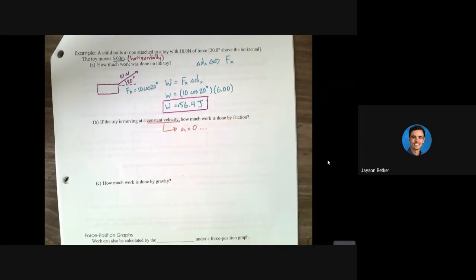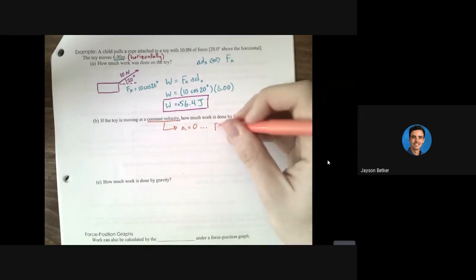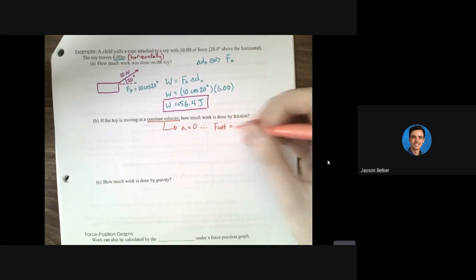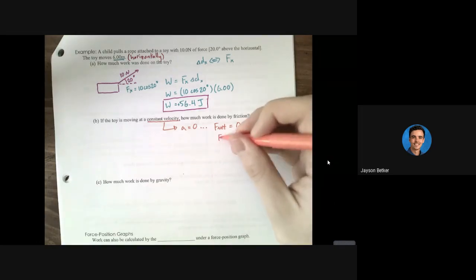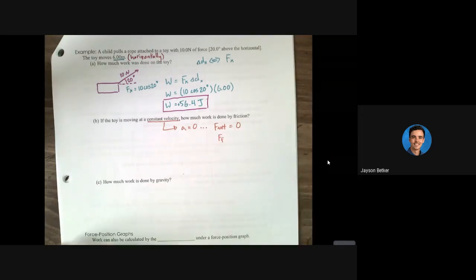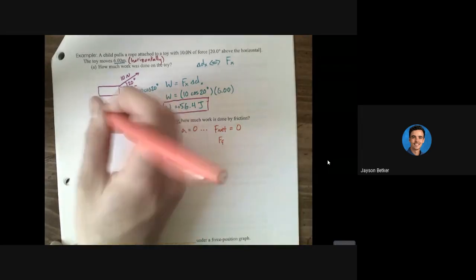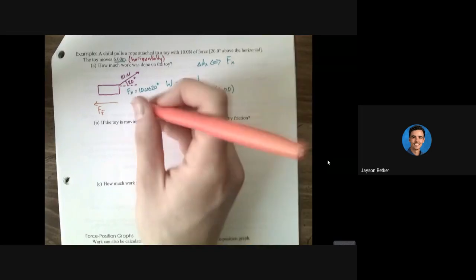If there's no acceleration, that means that the net force is equal to, you got it, 0. If F net is equal to 0, then that means the force of friction, which was maybe acting in this direction, right? And we had Fx acting in this direction.